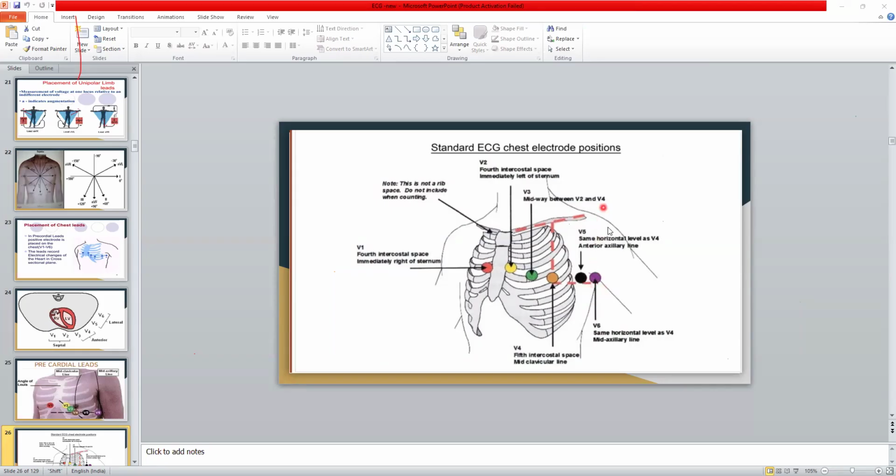This is the mid-axillary line. This is the slide showing how and where you have to place the precordial leads such as V1, V2, V3, V4, V5 and V6.